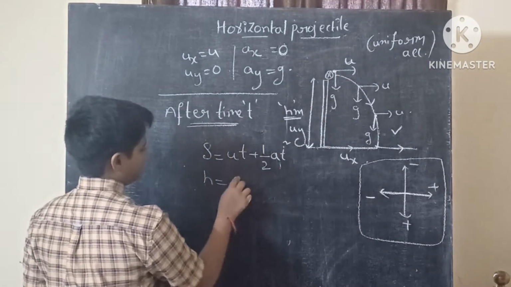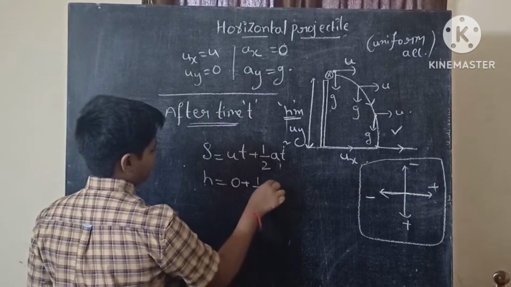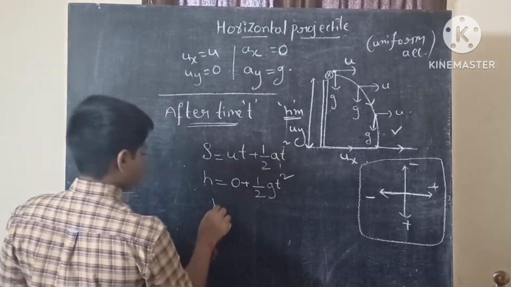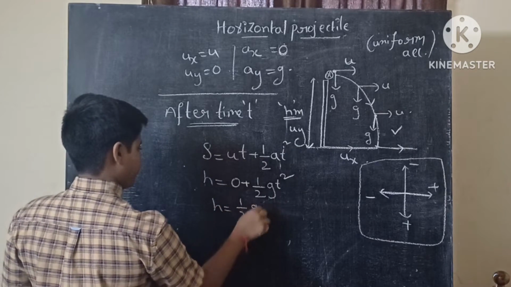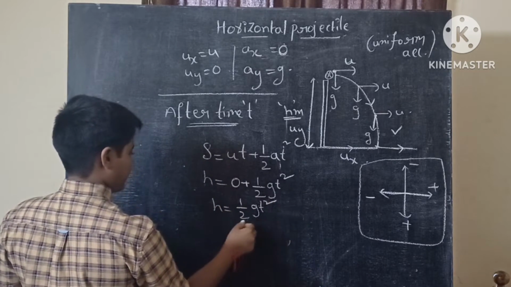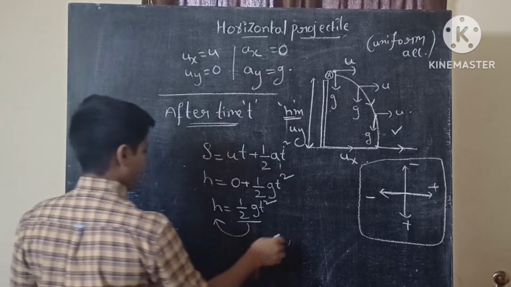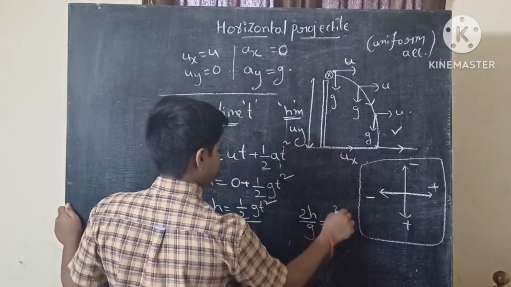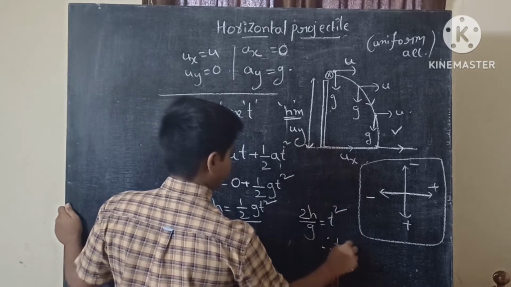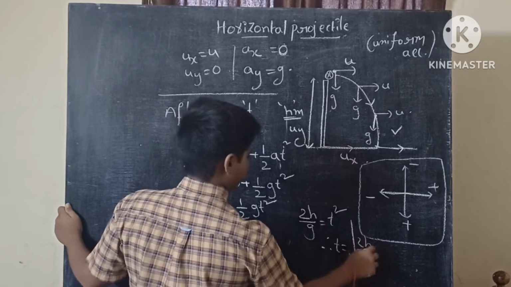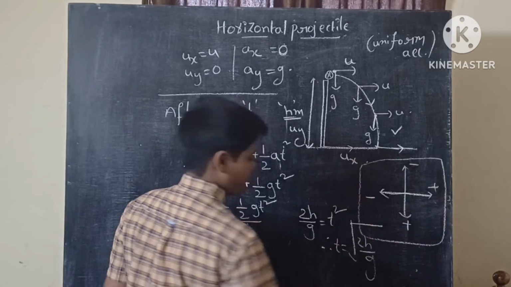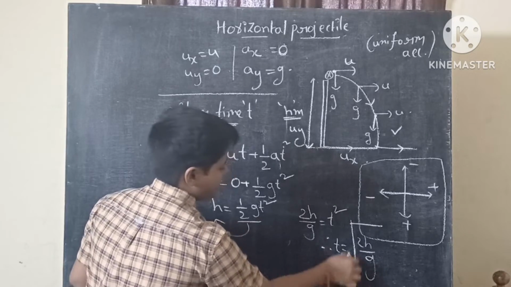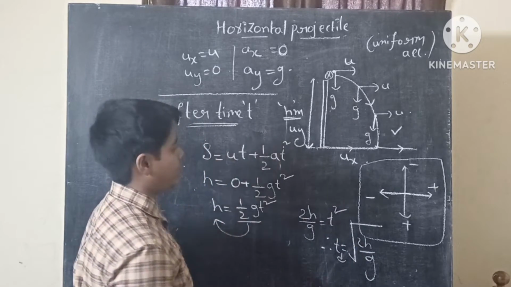So h equals 0 plus half gt square. So h equals half gt square. If I transfer these terms to this side, 2h by g equals t square, which means finally t equals root over 2h by g. This is the formula for time of flight.